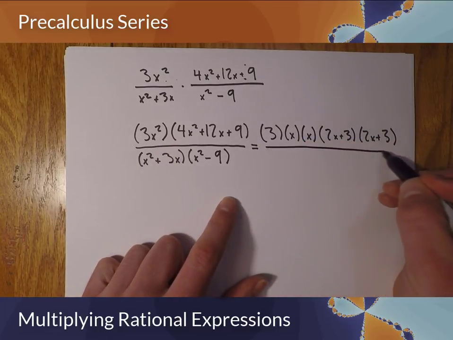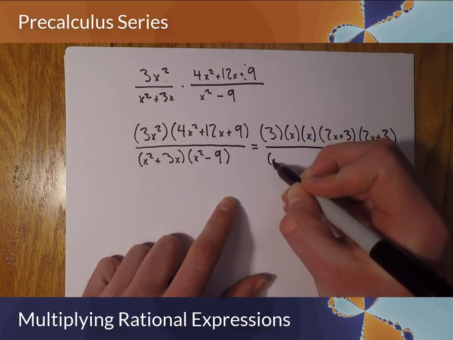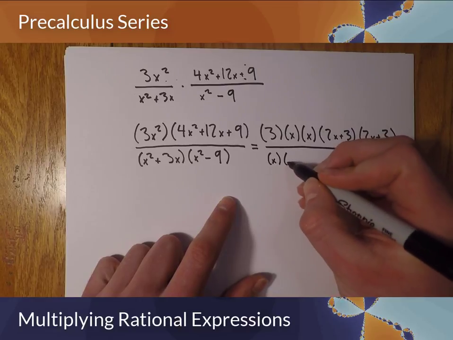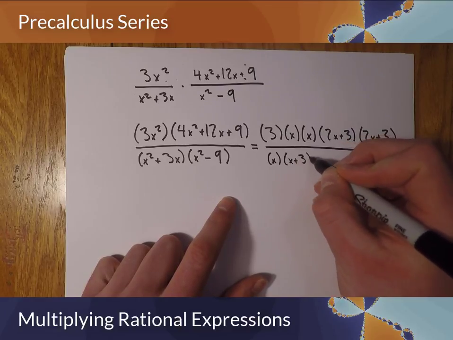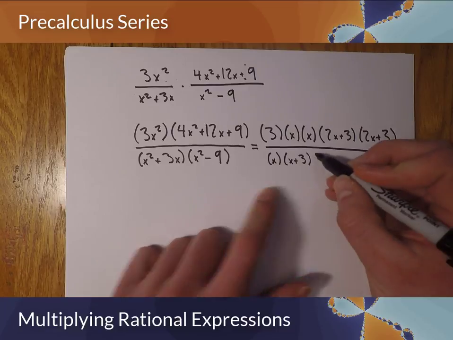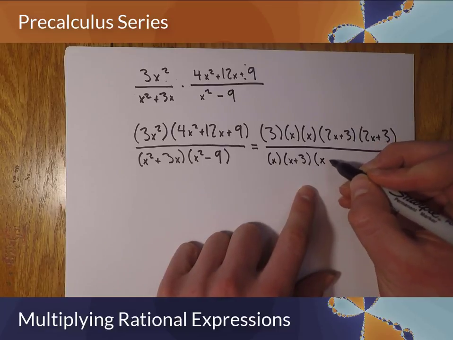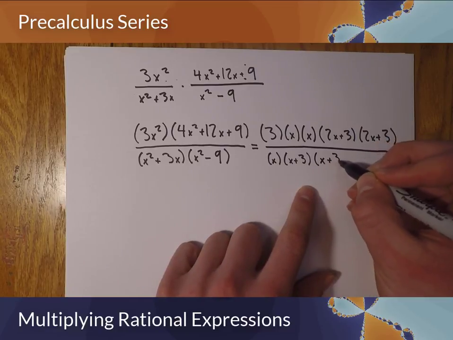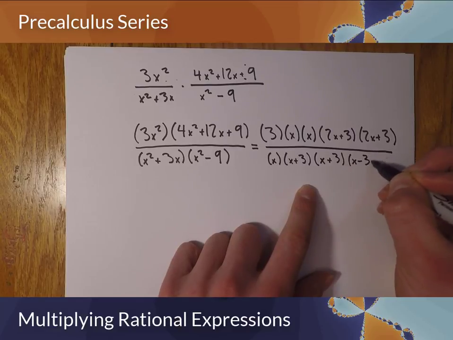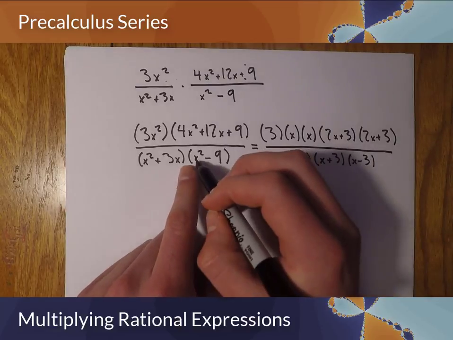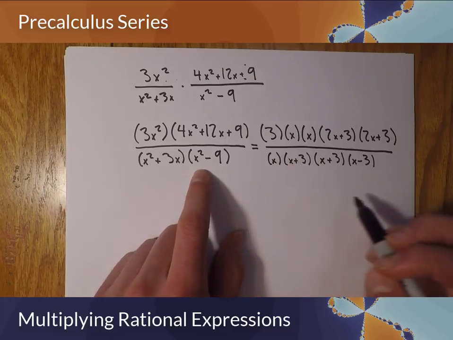And on the bottom, we have x times (x plus 3), and then we have here (x plus 3) times (x minus 3). That's what forms these two factors that go with x squared minus 9.